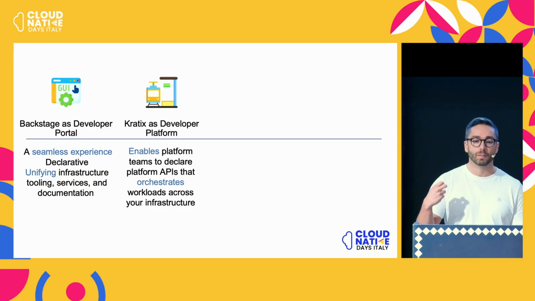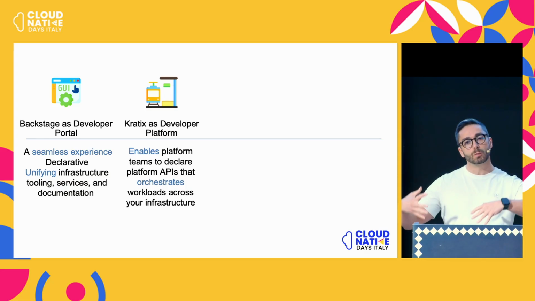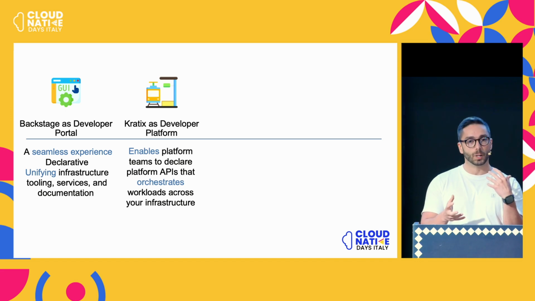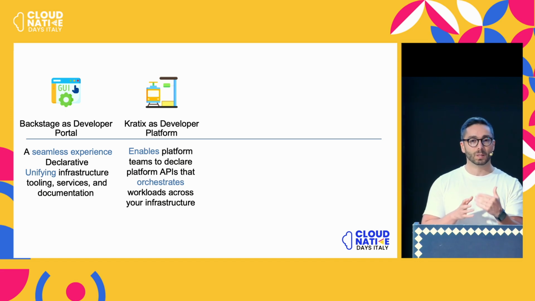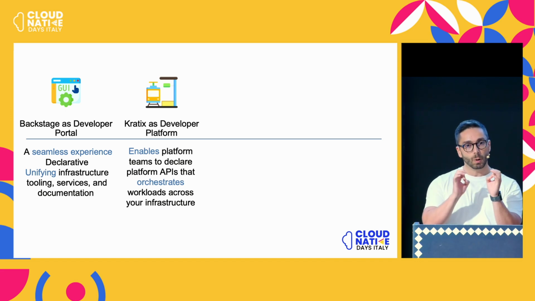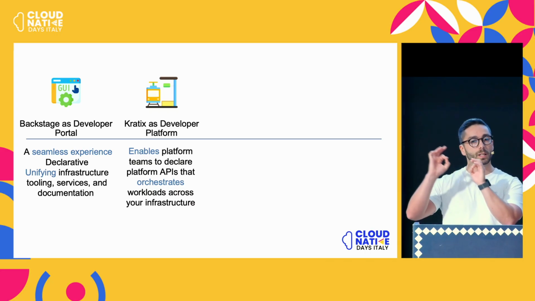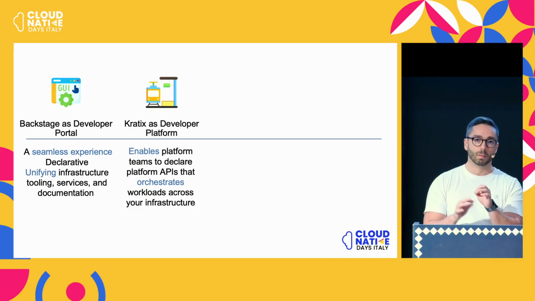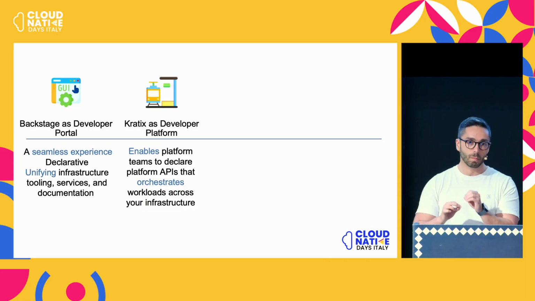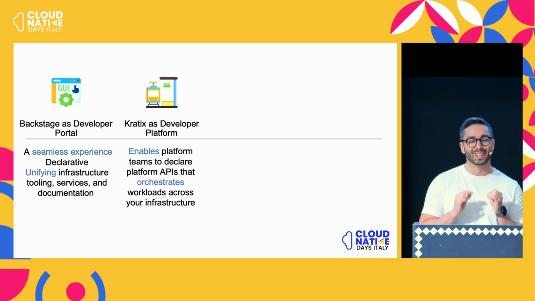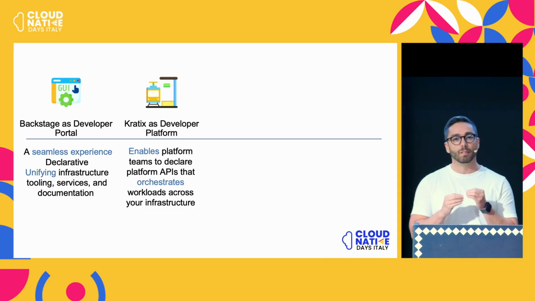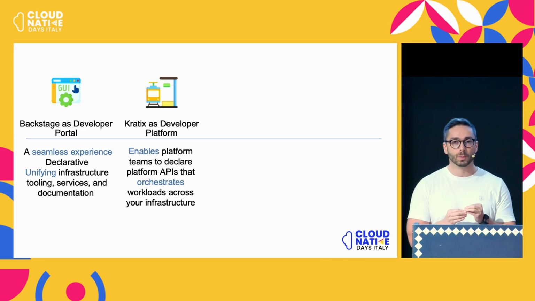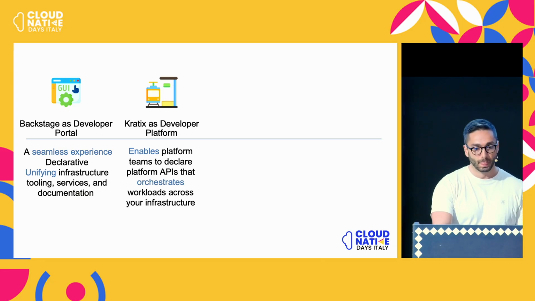On the other hand, we have Kratix that we used as a developer platform to build our complex platform bit by bit, by using these small tiny pieces of platform, by integrating a managed Kubernetes service, a managed database, streaming platforms, all these services that the company needs. We let our platform team declare them in a semantic way.